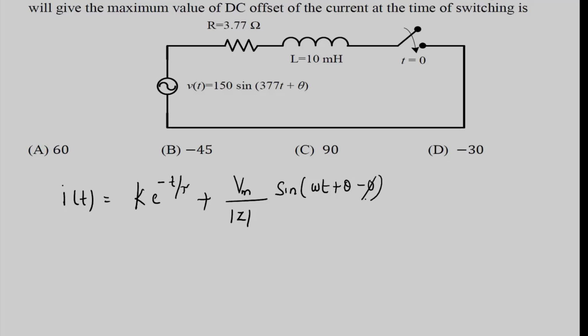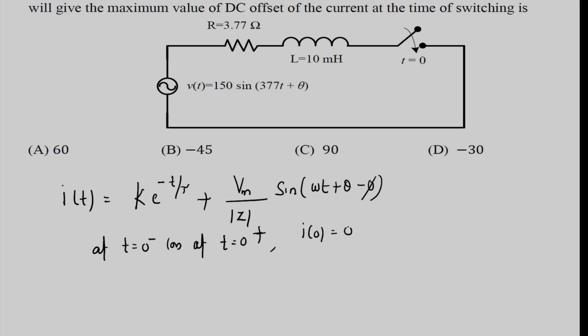Okay. So from this, what are you going to get? At t equal to 0 plus, we know I of 0 is equal to 0.